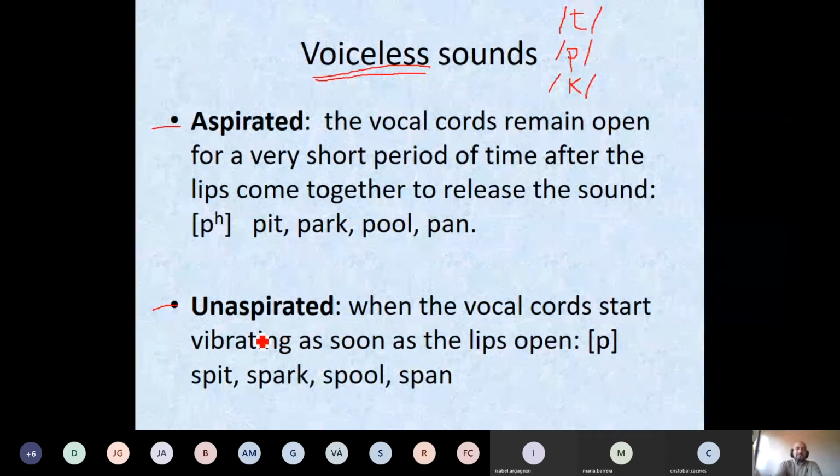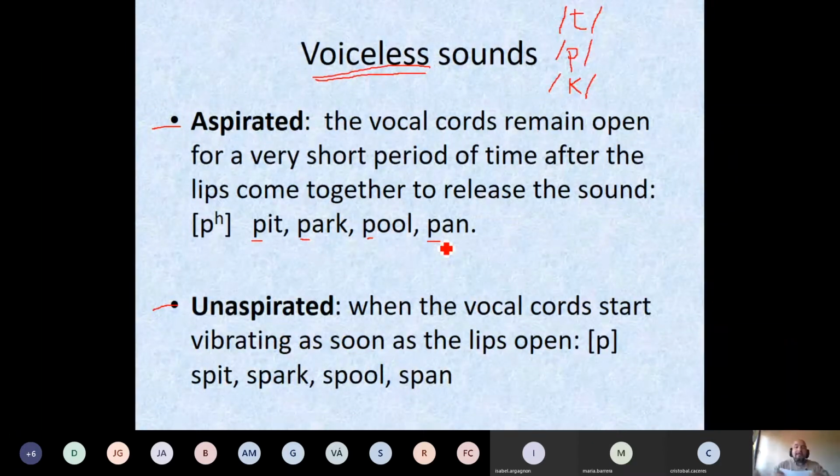Now, who cares, right? What's the big deal about this? Well, if you see the examples here, pit, puck, pull, and pen, in English we need to add this plosion, this puff of air. You place your hand in front of your mouth and you feel the puff.